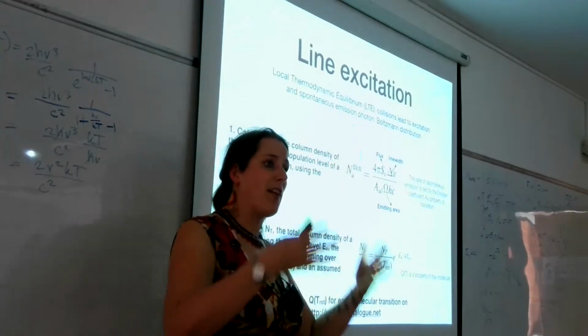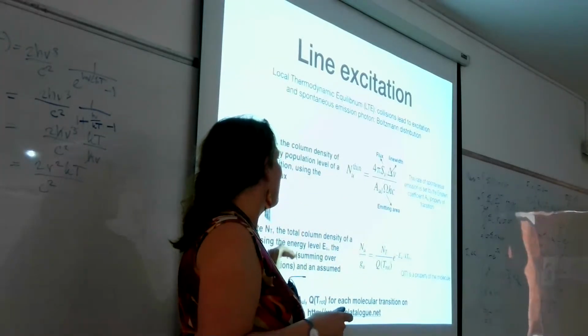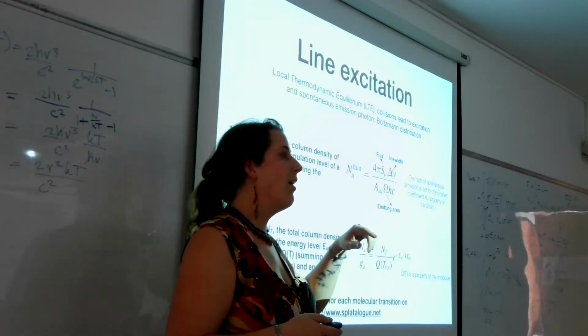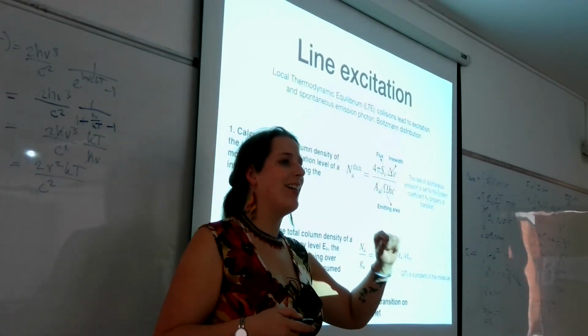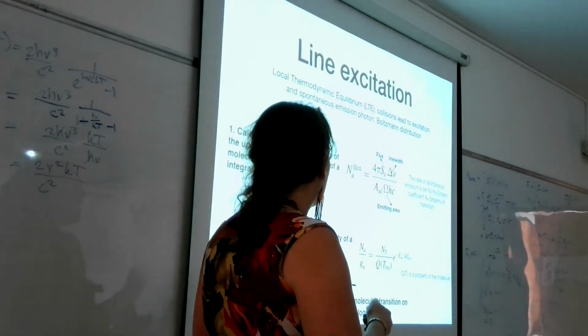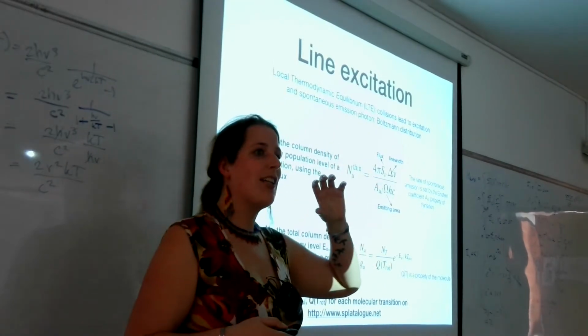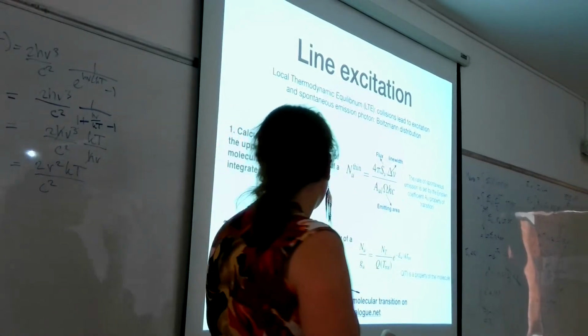It's a property of the transition. So essentially the higher the Einstein A coefficient, the fainter the flux is going to be. So if the Einstein coefficient is low, that means the flux is expected to be higher for the same column density, right?